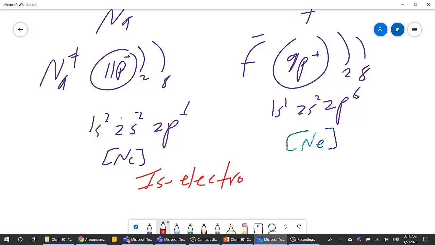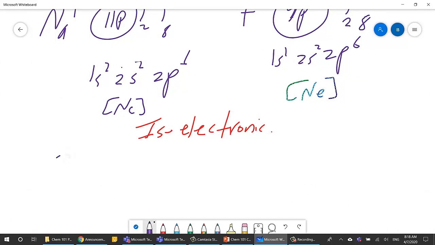Only in this case, you can compare the sizes. In this case, fluorine and sodium, they are both having the electronic configuration of neon. They have the same electrons, so in this case, you can apply the rule of effective charge, and you can say, well, let's calculate that now.